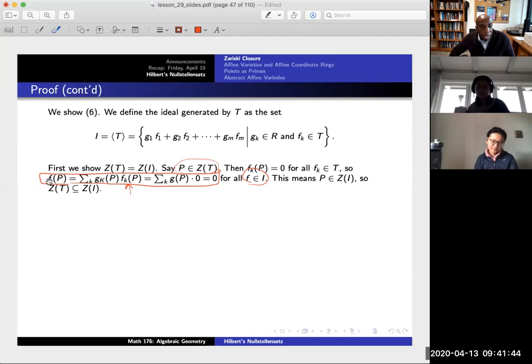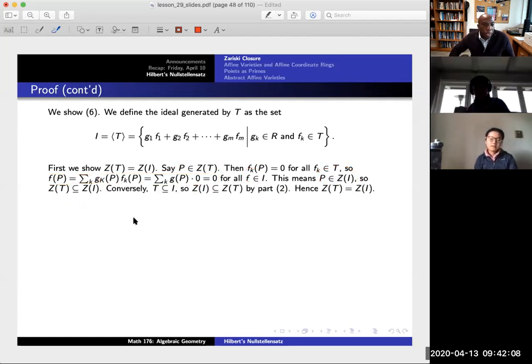So I'm just going to evaluate at P and I get back 0, which means that my P is actually in the zero set here for I. Again, if it vanishes at T, then it has to vanish here for any function in I. So this gives me containment in one direction. Okay, hopefully that's not too bad.